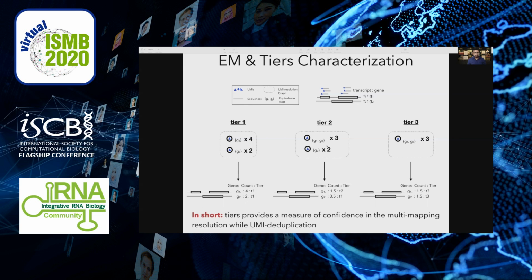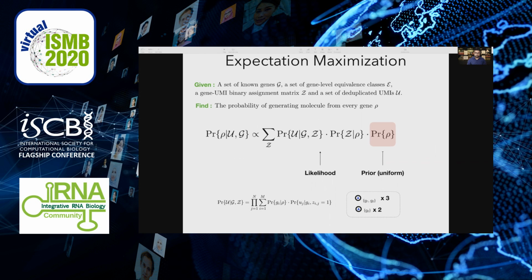These are the kind of problems which our expectation maximization algorithm can solve reasonably well. But there is a third category of problem, which Alevin calls the tier 3 category, when there is no unique evidence for any of the genes. The tier 2 category problems can be solved reasonably well using the expectation maximization algorithm.